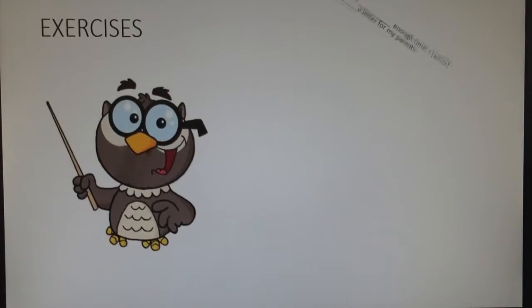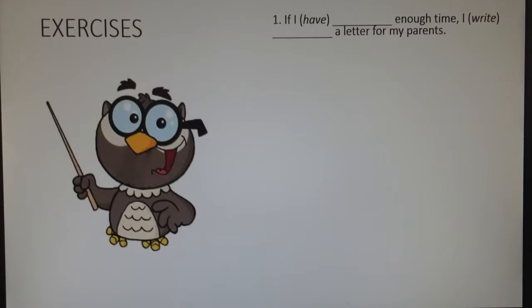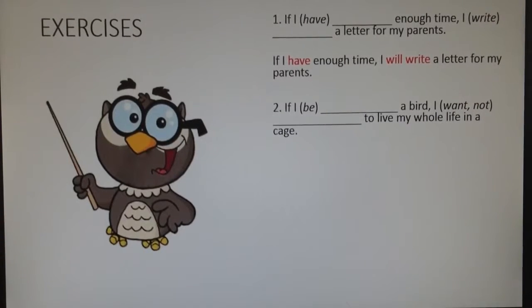Now let's do some exercises so you can learn. First, if I blank enough time, I blank a letter for my parents. The answer is, if I have enough time, I will write a letter for my parents. The second, if I blank a bird, I blank to live my whole life in a cage.